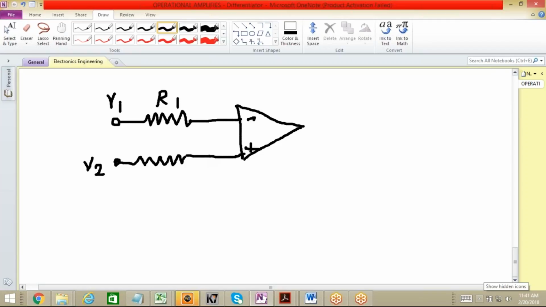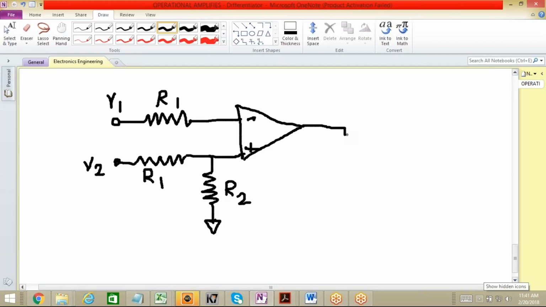Here also we have the same level of resistances, R1 and R2. Fine.